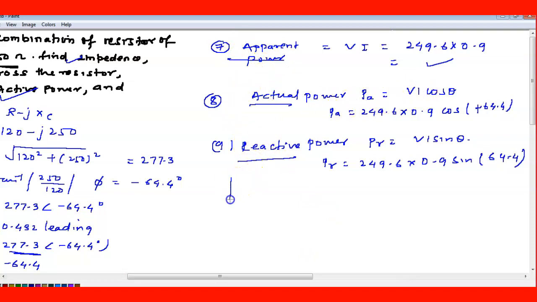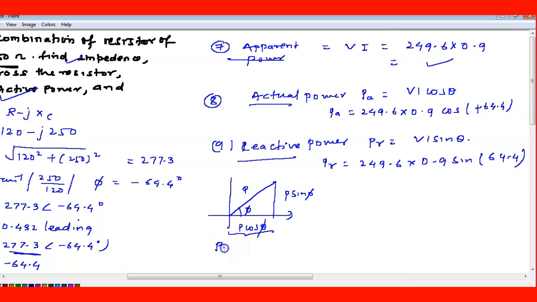Consider the power diagram. This is P, and consider here phi is the phase difference. So you can write this side as P cos phi, and this is P sin phi. Resistance lies on the x-axis, right?